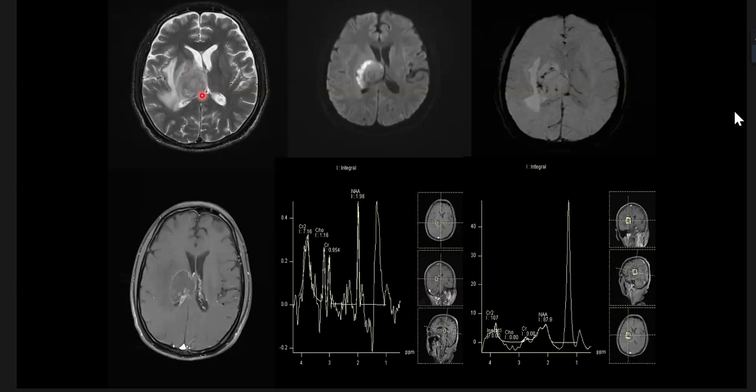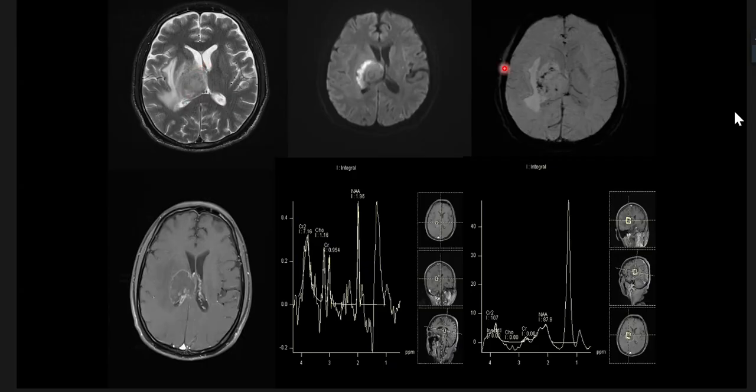What does a hypointensity on brain images indicate? Calcification, fibrosis, and inflammatory granulomatous tissues.